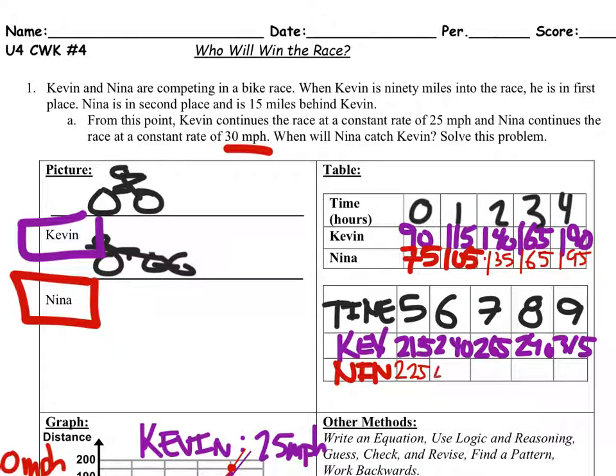Another hour, 255. Another hour, 285. Another hour, 315. And another hour, 345. So now she's very, very far ahead of Kevin. Kevin could come back. She is going super fast.